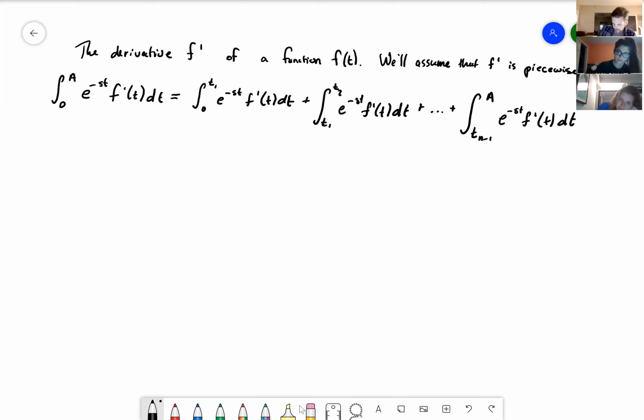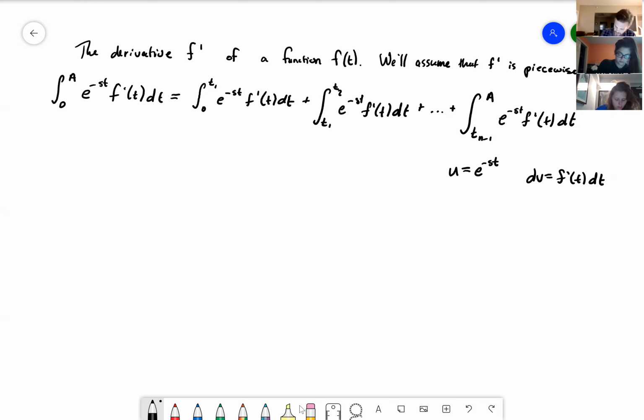Now we can integrate each of these by using integration by parts. The integrand is f prime, so the thing I'll take the derivative of, u, will be e to the minus st, and dv will be f prime of t dt.